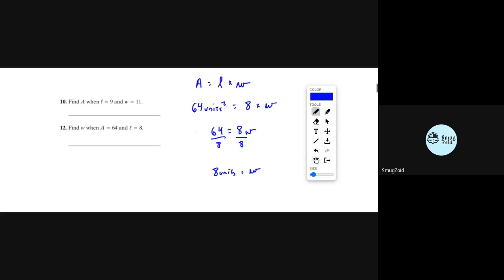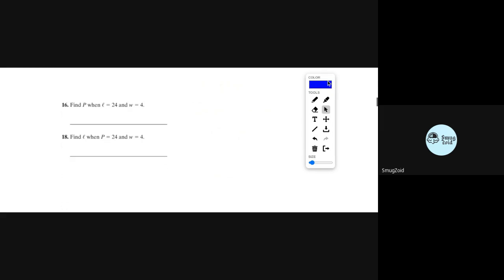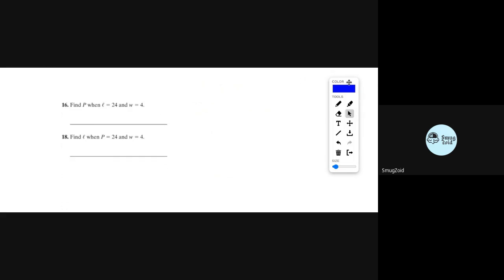Let's take a look at the last crew, right? That's a little more complex formula, because this is the perimeter of a rectangle. Okay? This formula is perimeter equals 2 times L plus 2 times W. Okay? Figure this guy out.